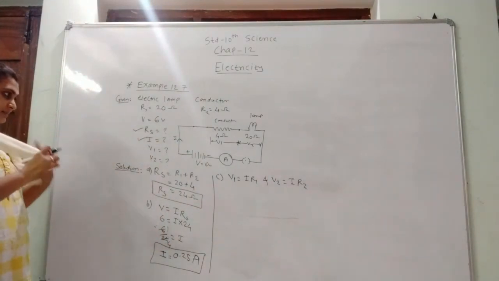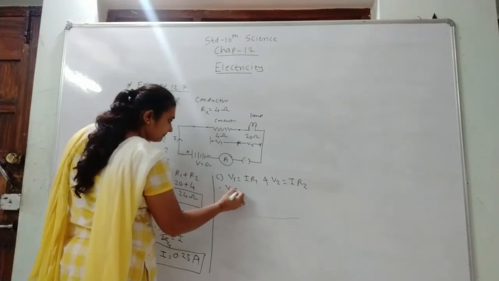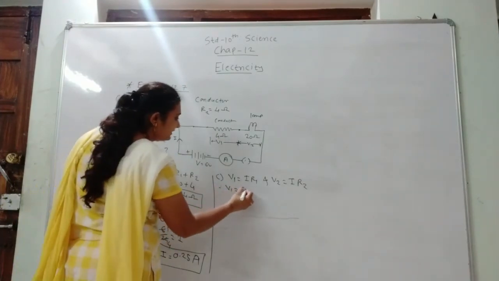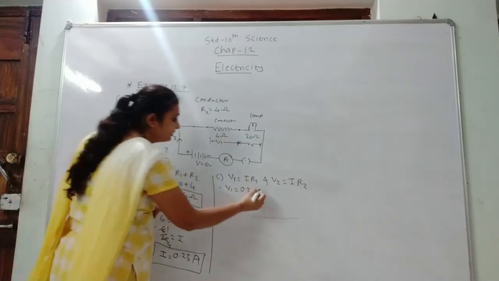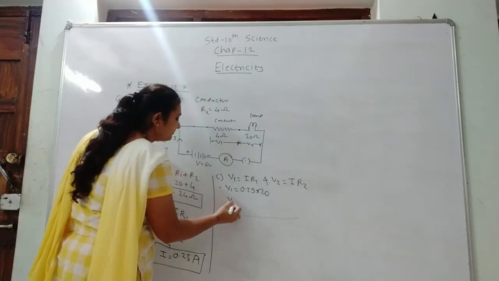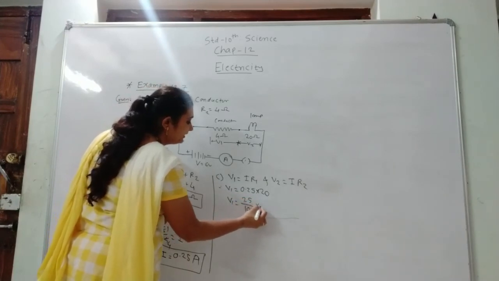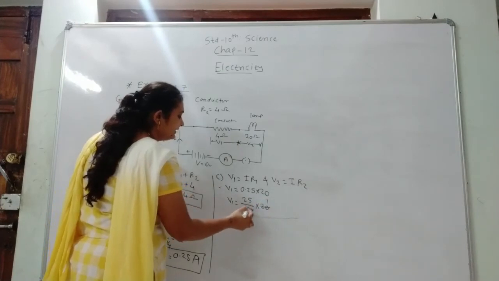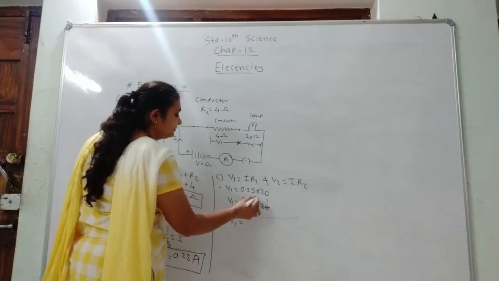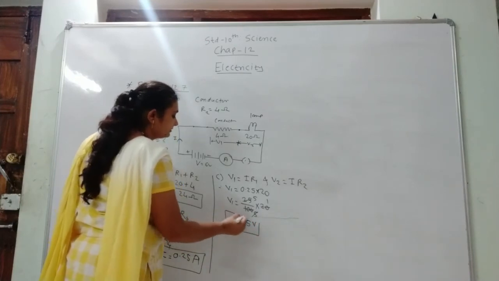Correct? What is the value of V1? We have to find here. I is equal to 0.25 and R1 is equal to 20. V1 is equal to 25 upon 100 into 20. V1 is equal to 5 volt.